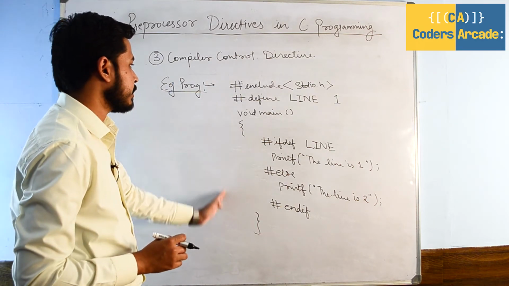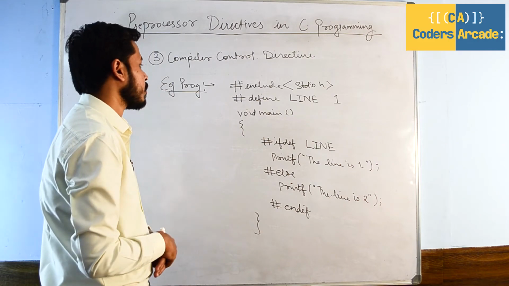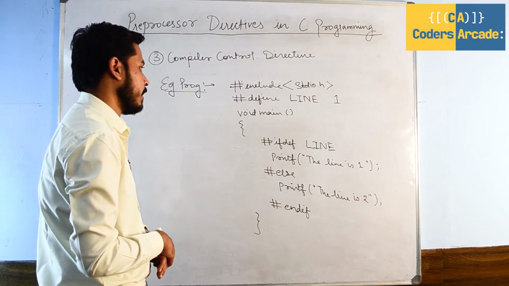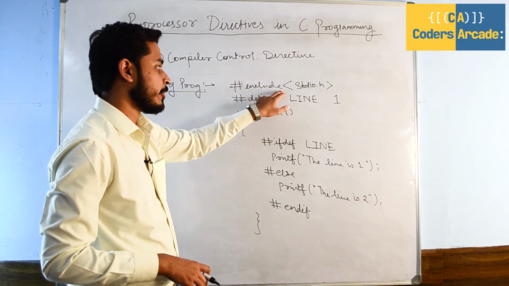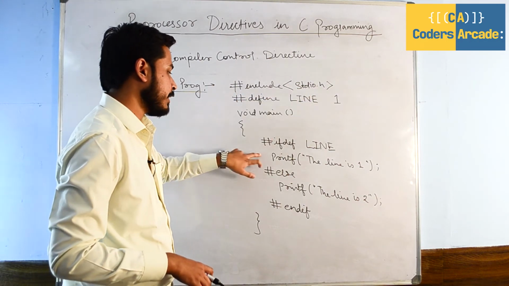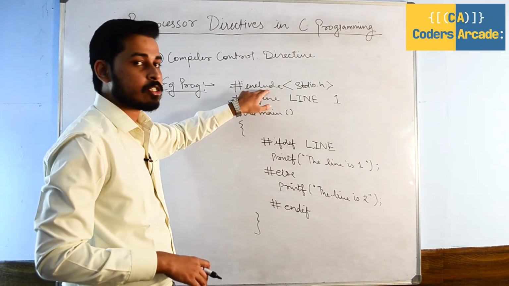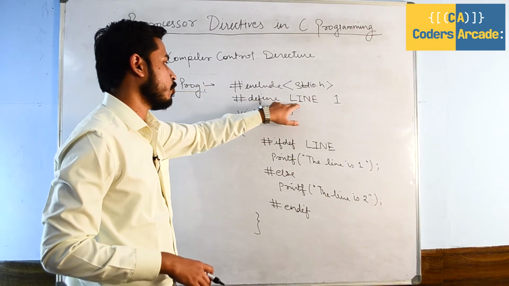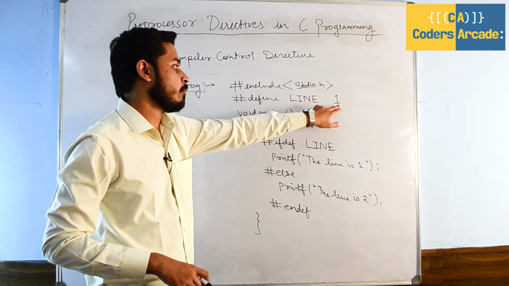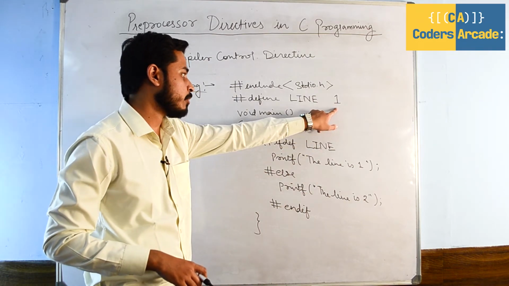So here is the example program. Now let's dive a little bit deeper and see what's happening here. This is our #include <stdio.h>. We are including this so that we can access the printf function, which is very important. It's the standard input output file. Then I've defined the macro LINE as 1, so LINE in this whole program will be swapped with 1.